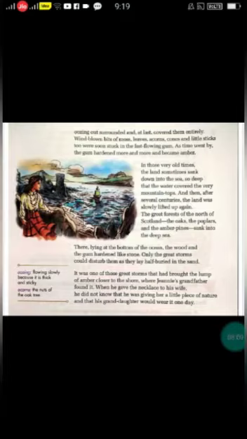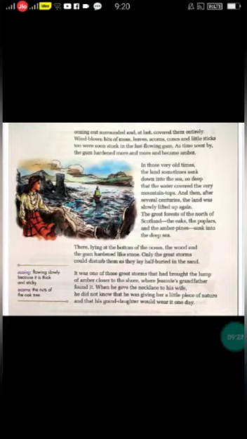As time went by, the gum hardened more and more and became amber. So as time went by, that gum became hardened more and more and later it became amber. In those very old times, the land sometimes sank down into the sea, so deep that the water covered the very mountain tops.